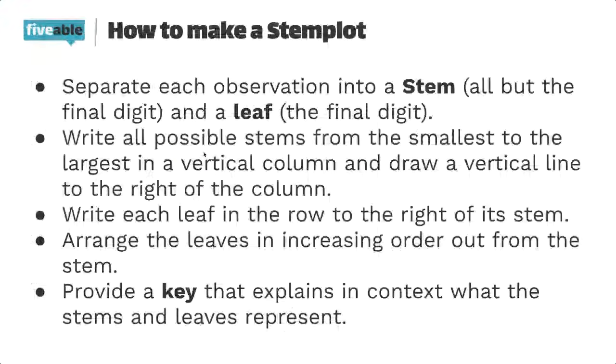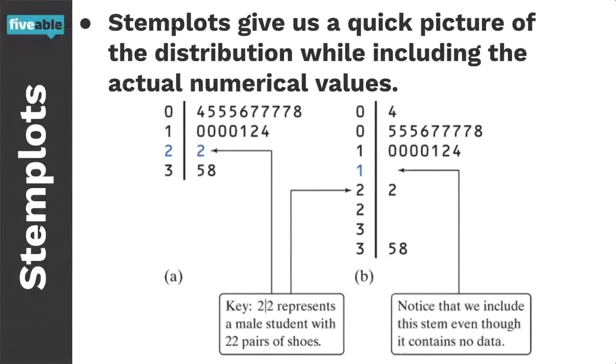After that, we write all possible stems from the smallest to the largest in a vertical column and draw a line to the right of the column. So going back to our example, I write all the different stems, so 0, 1, 2, and 3. Those are all the tens digits for my data. Then I draw a line on the right-hand side.